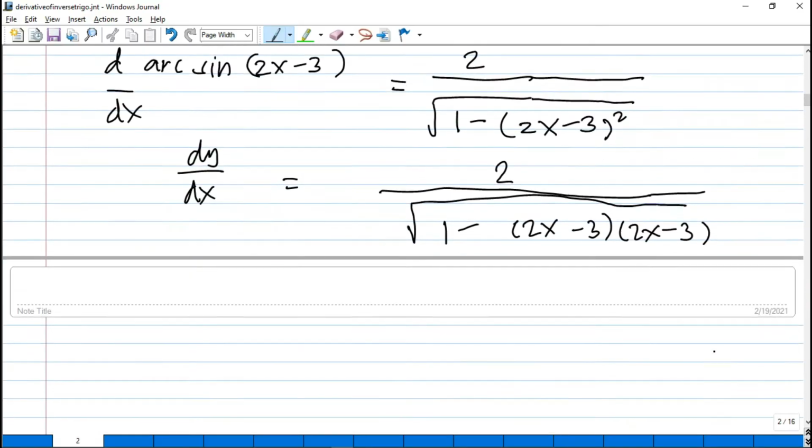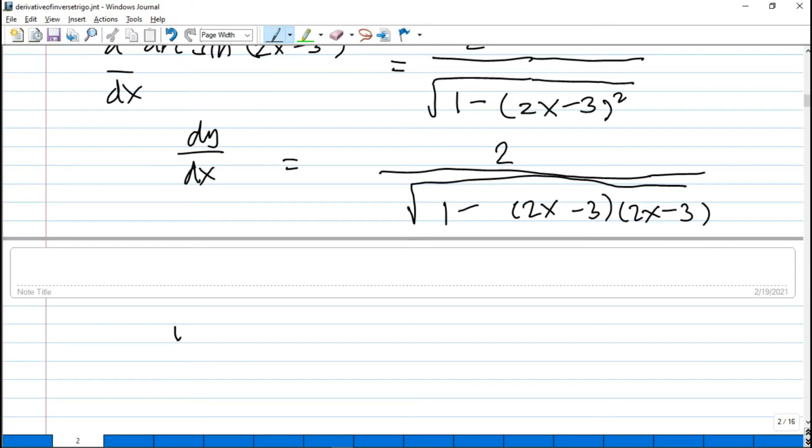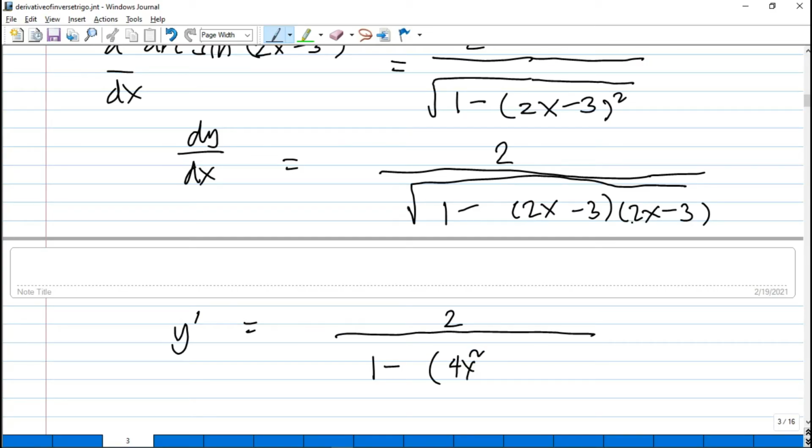Then y prime is equal to 2 all over 1 minus, so 2x times 2x, that is 4x squared, so let's put parentheses. Then 2x times negative 3, that is negative 6x. Then we have negative 3 times 2x, that is negative 6x. Then negative 3 times negative 3, that is positive 9.